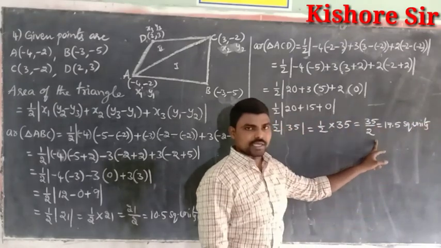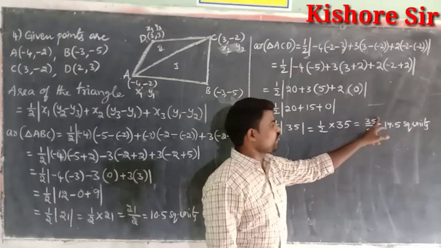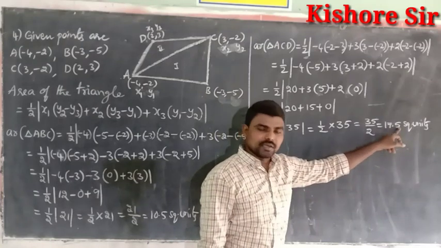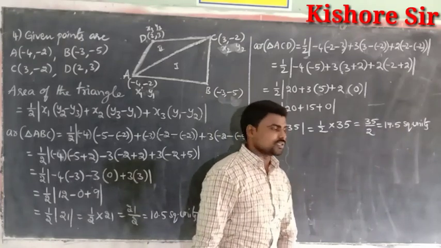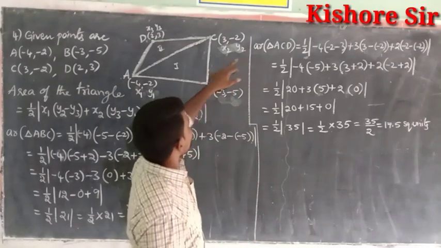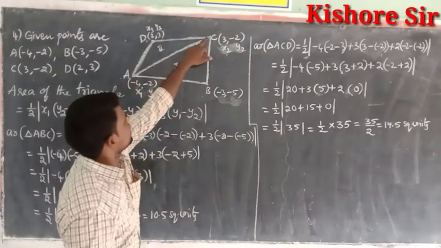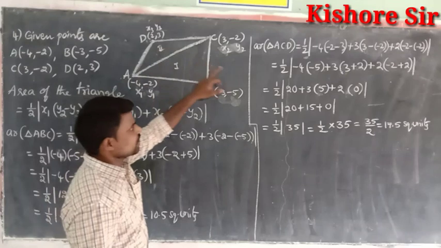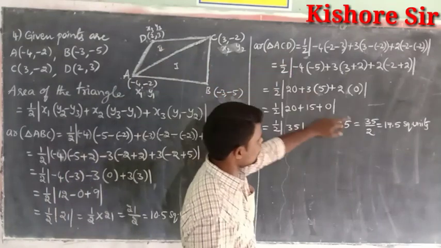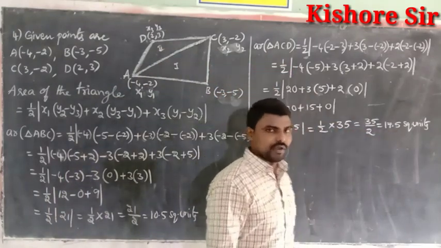So the area of triangle ACD, that is the second triangle, is equal to 17.5.